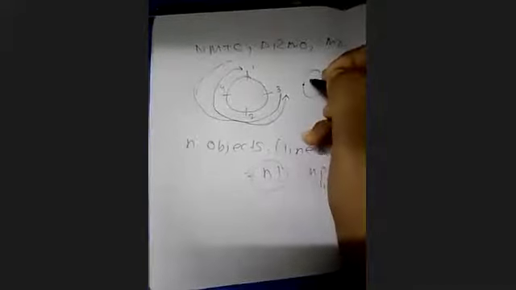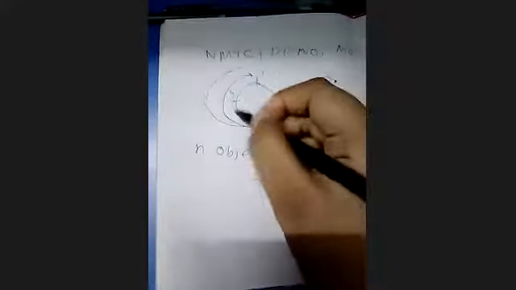It is a circle. This point and this point are basically the same thing, right? So instead of counting 4 objects here, you shall count n minus 1 objects. That is n minus 1 factorial is the number of permutations when arranged in a circle. Clear?